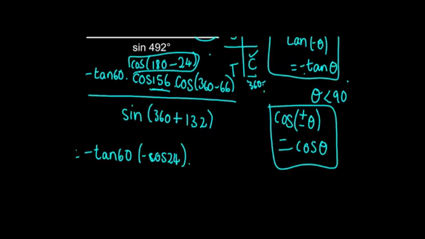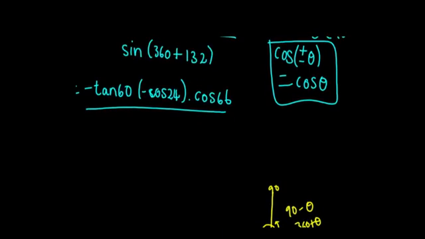Cos is positive in that quadrant, so we're going to get times positive cos 66, all over. And at the bottom, we've got sine 360 plus. Sine of 360 plus is going to give you a positive answer of just sine 132, which we can then further reduce.